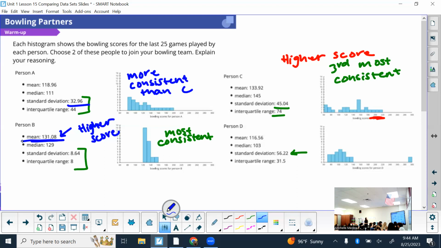When would we prefer to look at the median over the mean? Table 7. When would we prefer to look at the median over the mean?